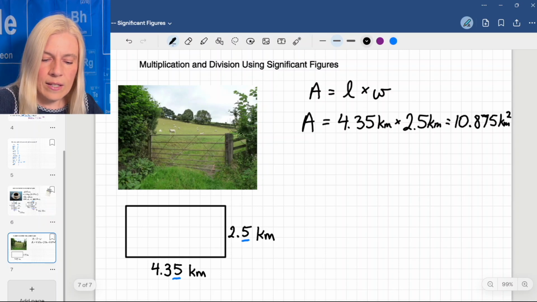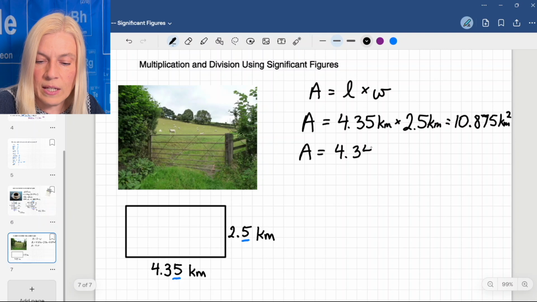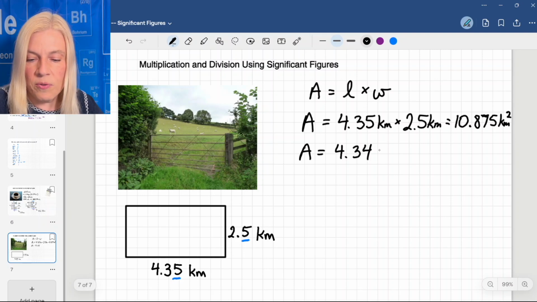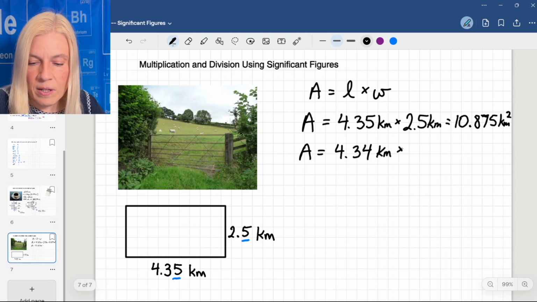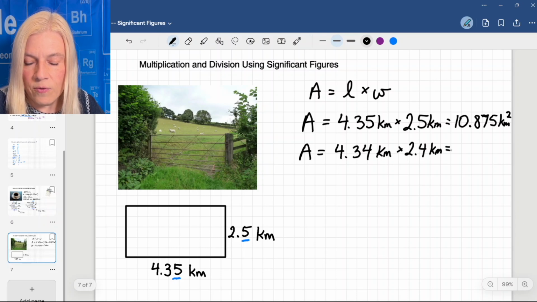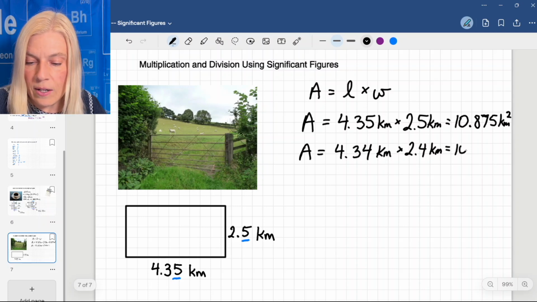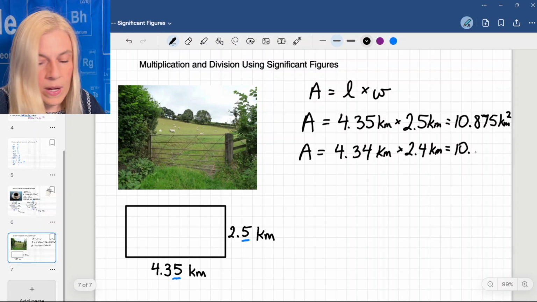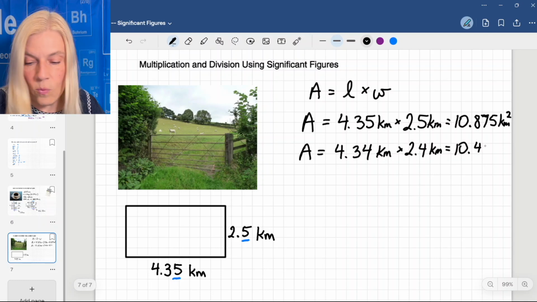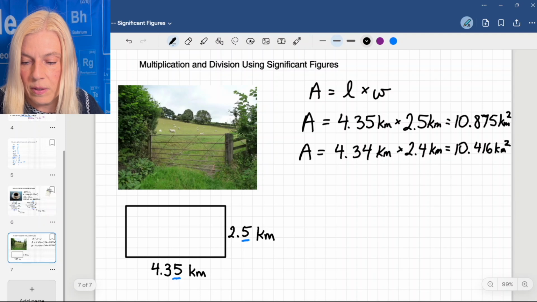So this 4.35 can also be 4.34, couldn't it? And the 2.5 can also be 2.4. So if I have 4.34 and 2.4 kilometers, and I plug this in a calculator, the area of my pasture will be 10.416 kilometers squared.